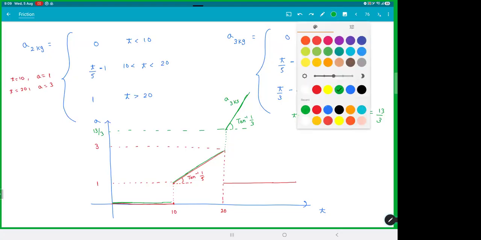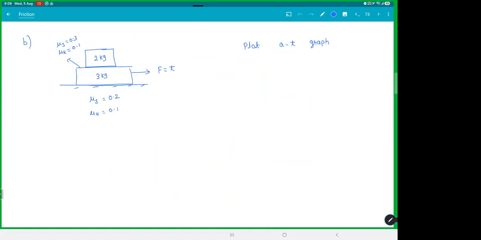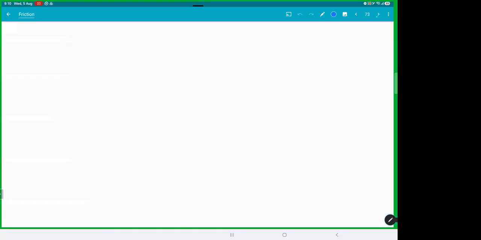Let's see one more. Let's say we have two forces now, F1, which is 3 into time.